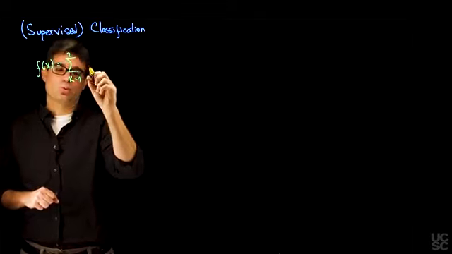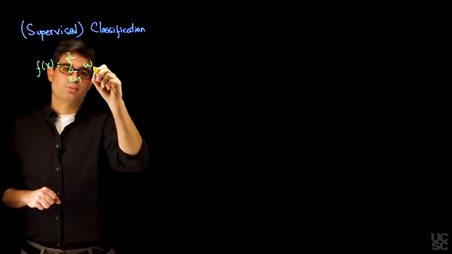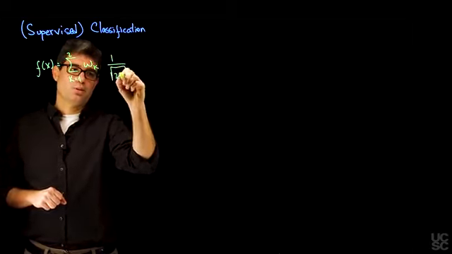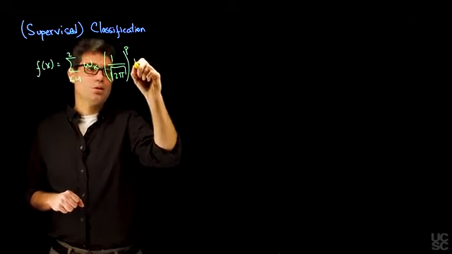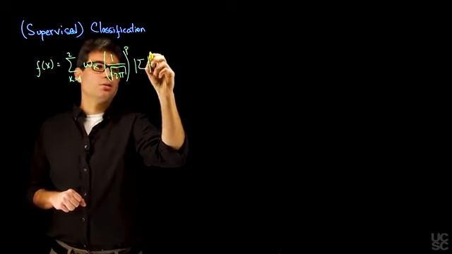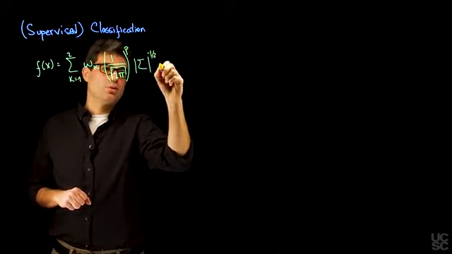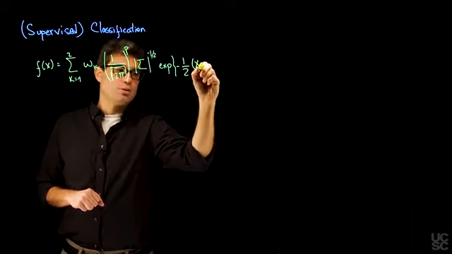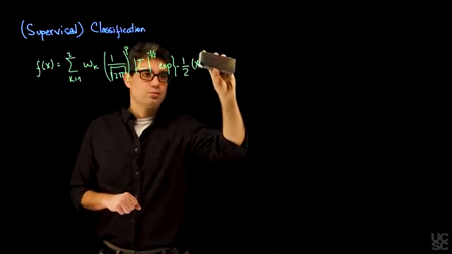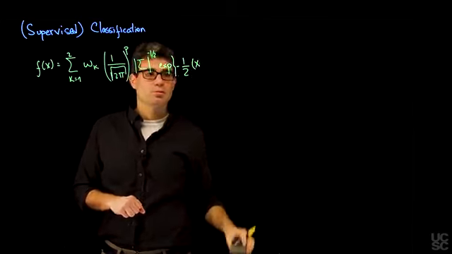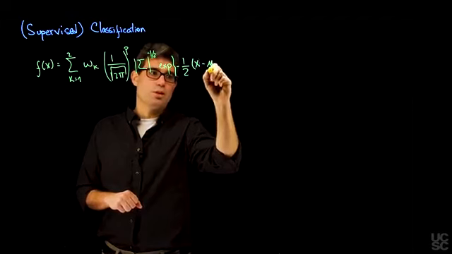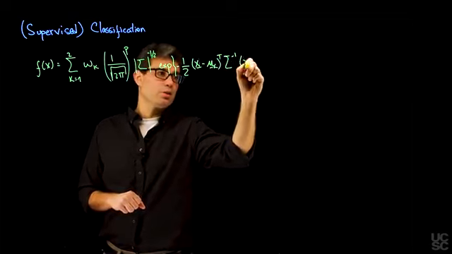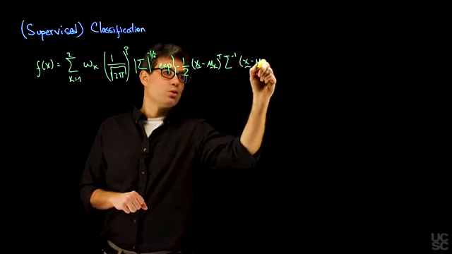So I'm going to be working only with two components of omega k, 1 over square root 2 pi to the p, determinant of sigma to the minus 1/2 exp minus 1/2 x minus mu sub k transpose sigma inverse x minus mu sub k.